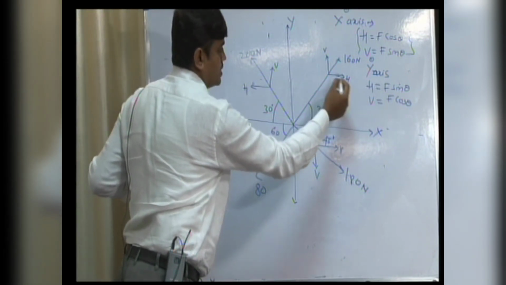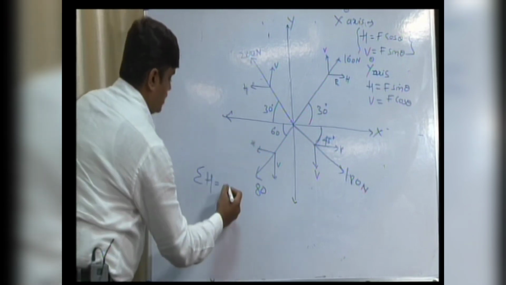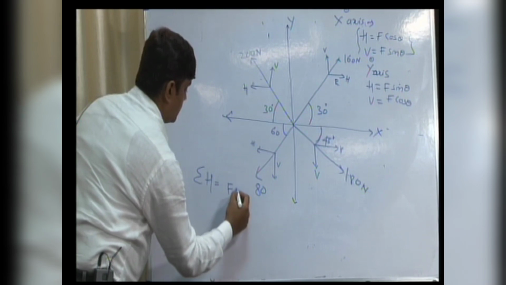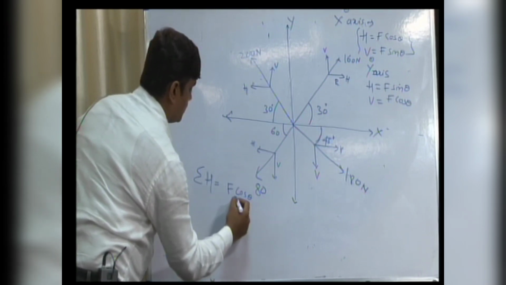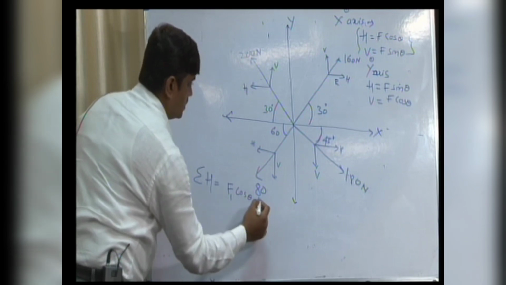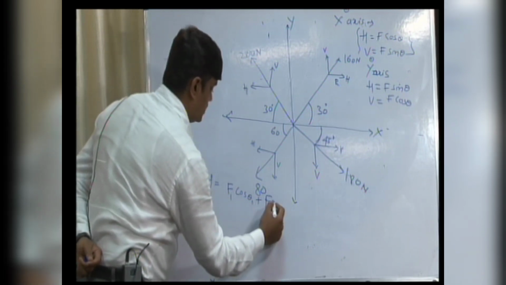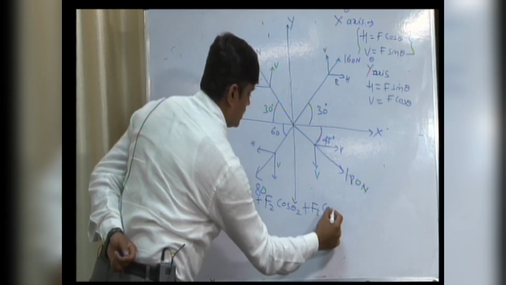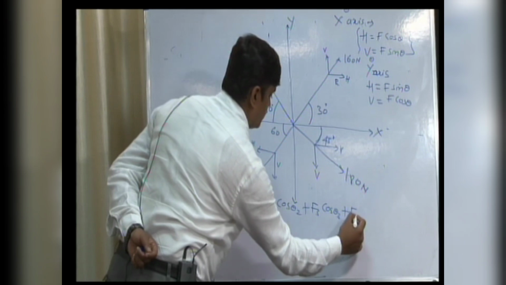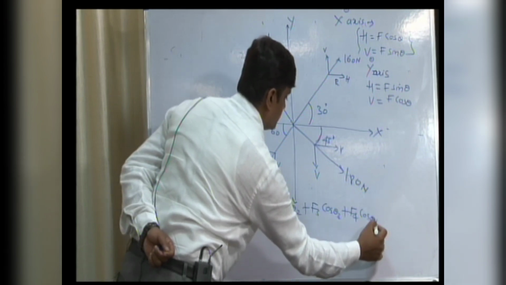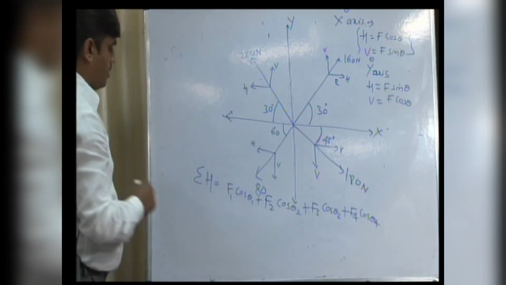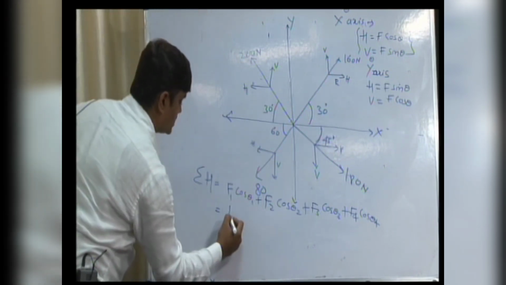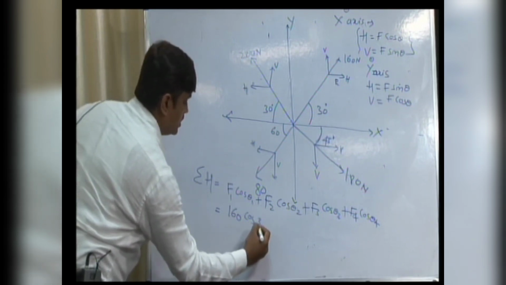This is right, and as I told you, right is positive here, so sigma h is equal to F1 cos theta 1, F2 cos theta 2 plus F3 cos theta 3 and F4 cos theta 4. Our first one is here. Since it is right side, positive, the horizontal force is 160 cos 30 degree.